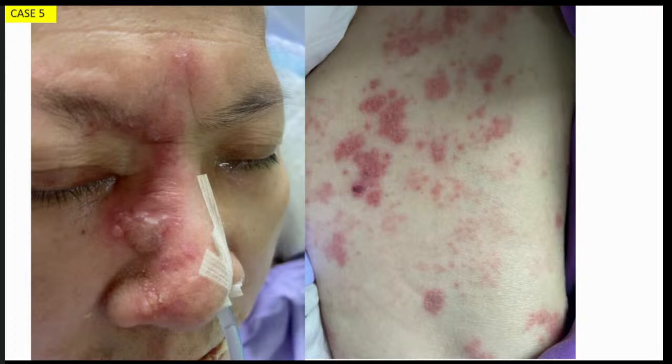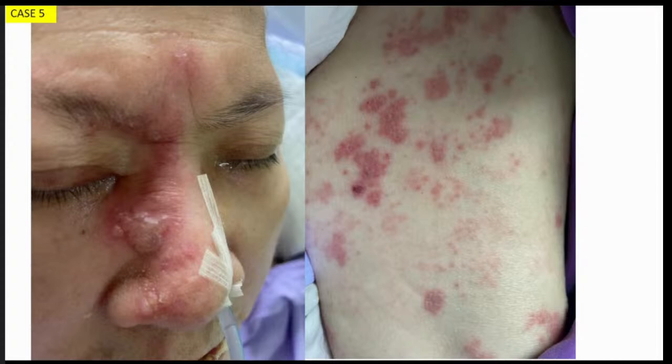Okay, so on examination of this patient's face, there is an ill-defined erythematous patch over the right side of her nose, involving the tip of the nose. There are some overlying blisters noted on the nose, and there is involvement of the medial canthus of the eyelid.